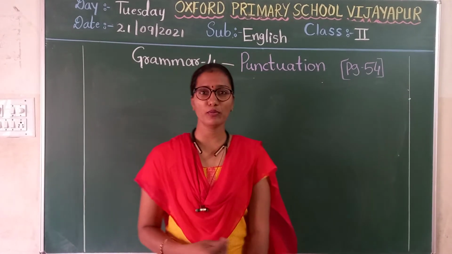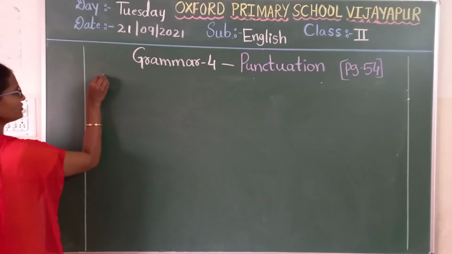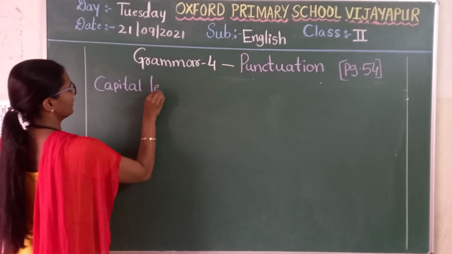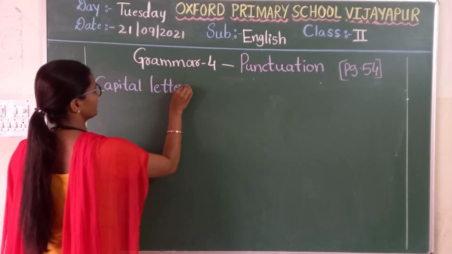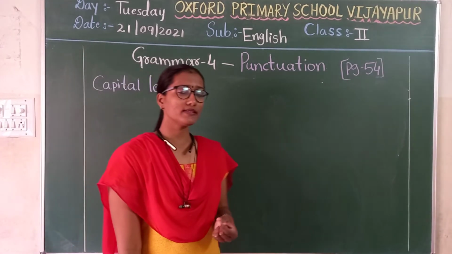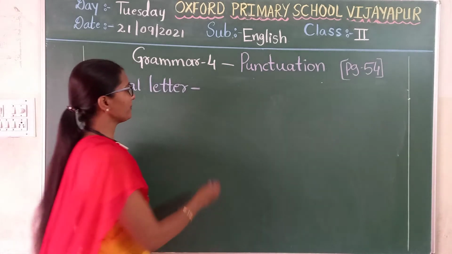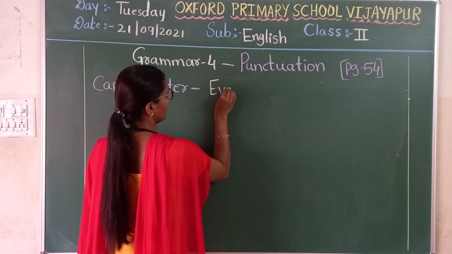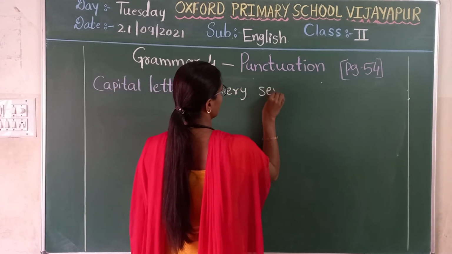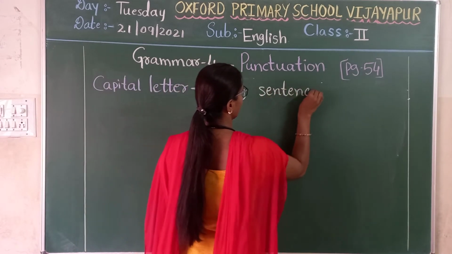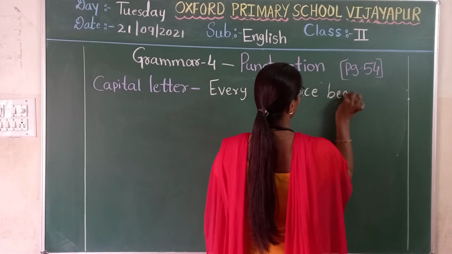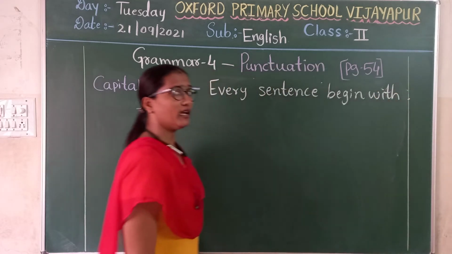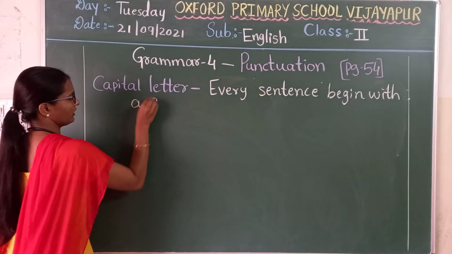See children, one more point, that is all about capital letters. See, every sentence begins with a capital letter. So let us write the meaning. Every sentence begins with a capital letter.